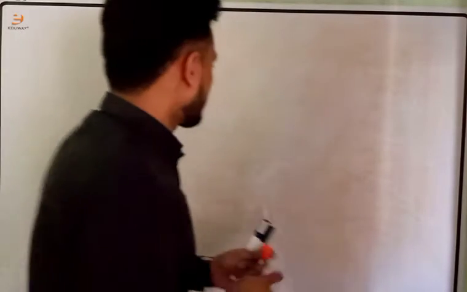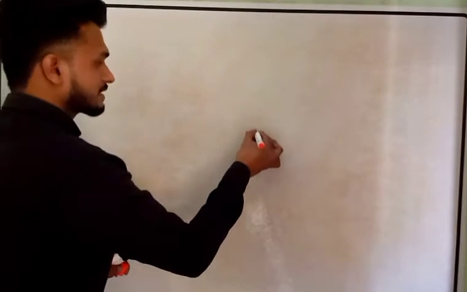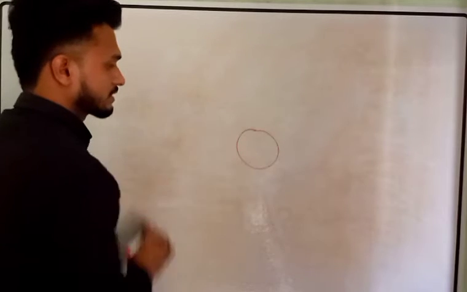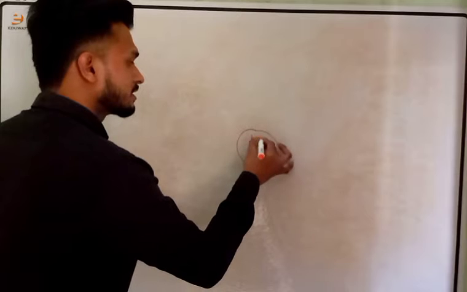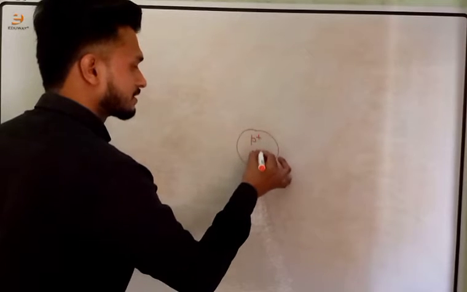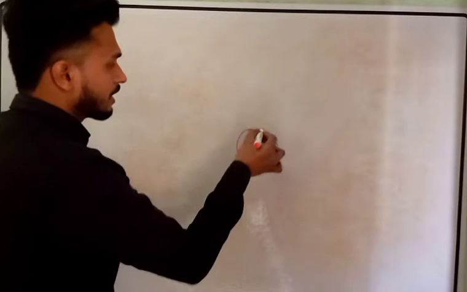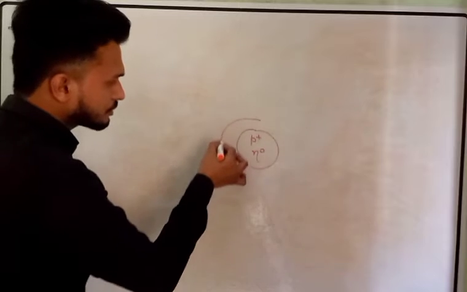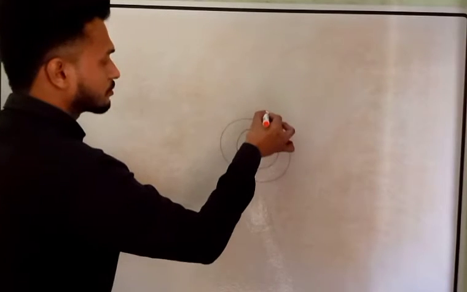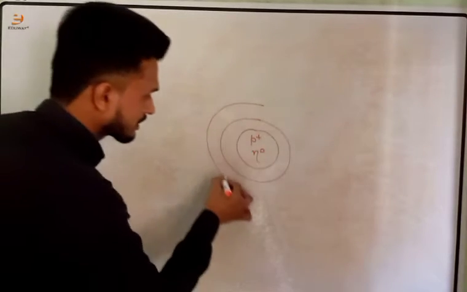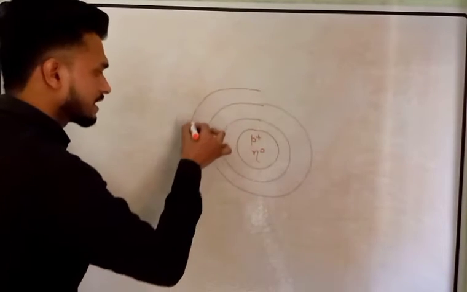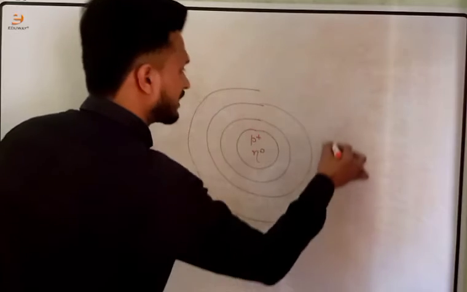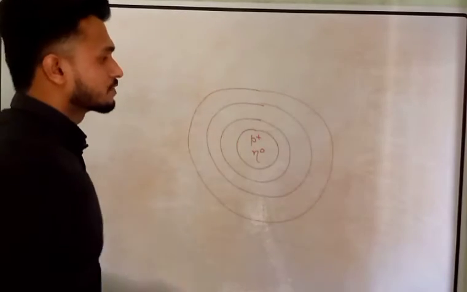Now, as you can see in this diagram, in the center there is a nucleus which contains protons and neutrons. And around this nucleus are different orbits, or you can say shells. These orbits or shells are just like the different layers of an onion.